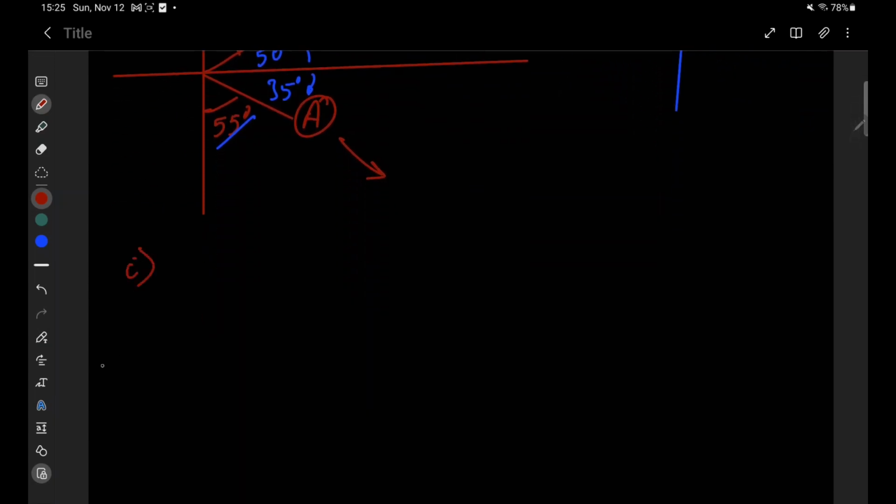So let's start solving. The first question asks us for the value of the velocity of coin A. We could use it like this, where t is bigger than some t0, which is the time of impact.